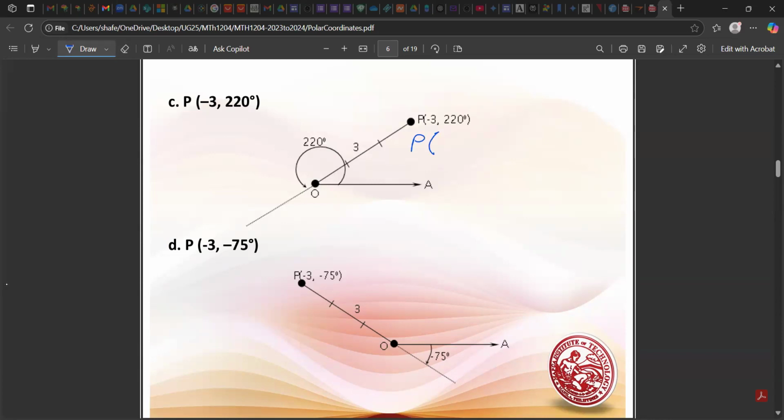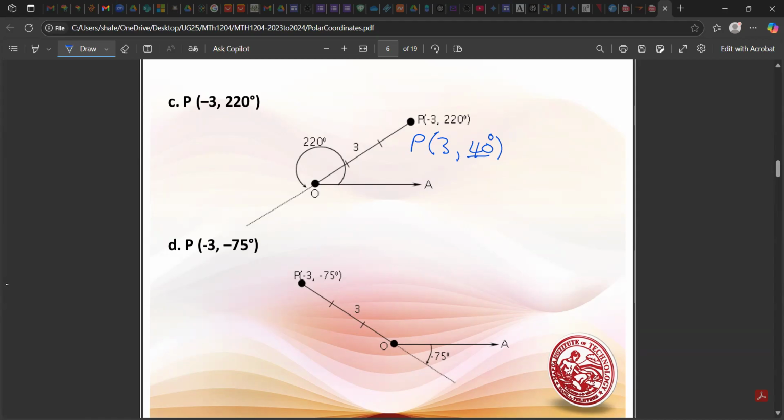P is also 3, and what angle can I put here? Just take away 180 from 220, and you get what? 40 degrees?